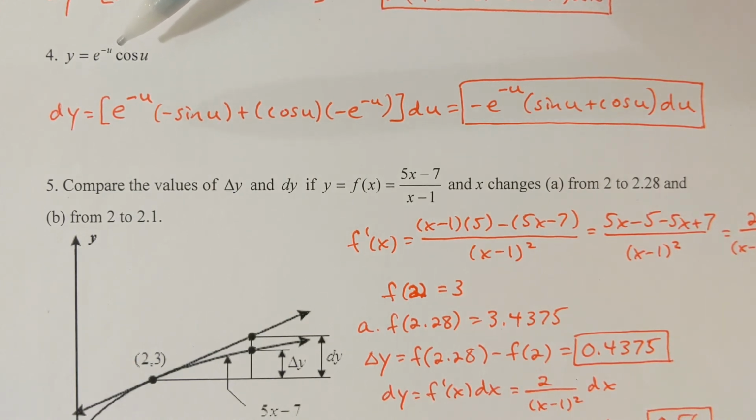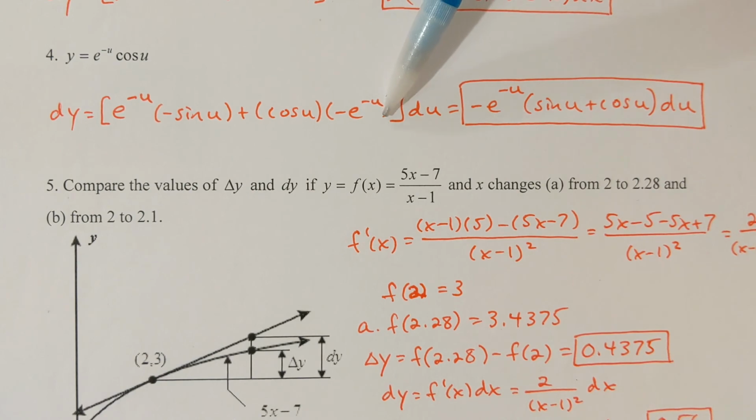The derivative of e to a power is e to the power times the derivative of the power. So it's going to be e to the negative u times the derivative of negative u, which is negative 1. Make sure that you have du at the end. And of course, make sure that you have the correct variable that you're using. I'll see students write dx when it should be du or dt or something like that.